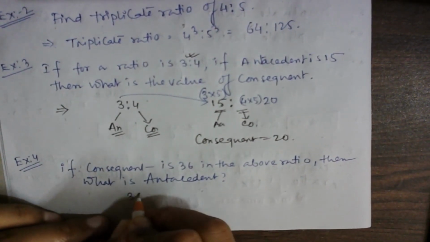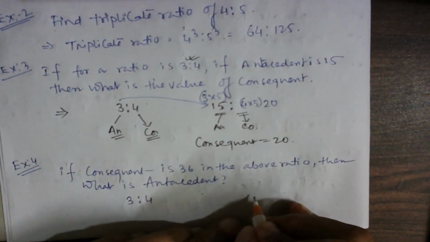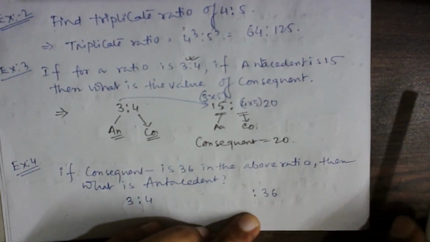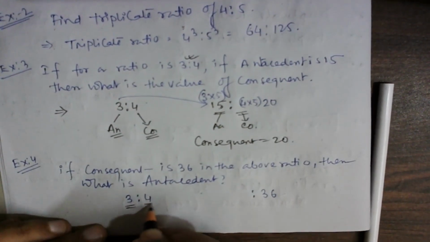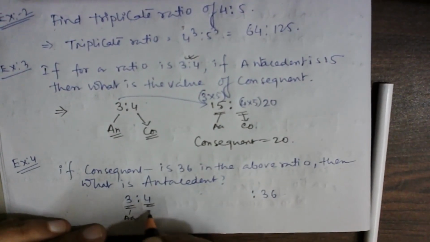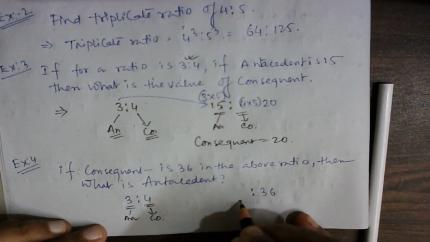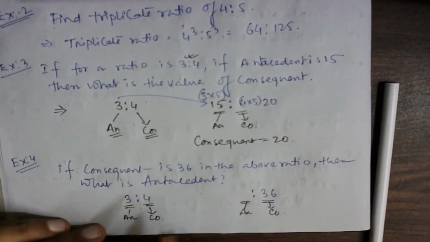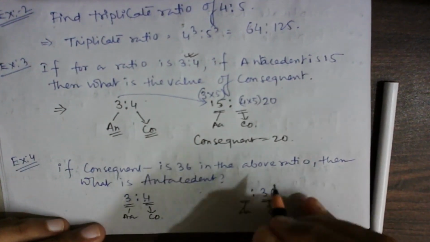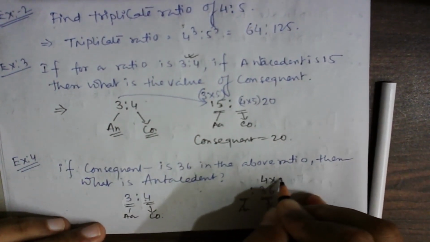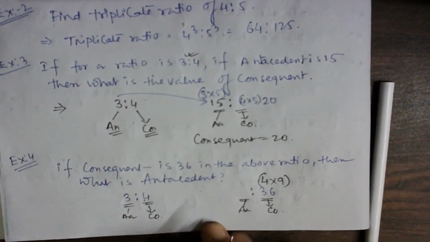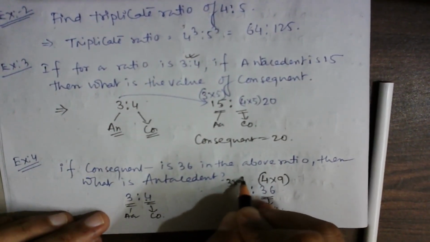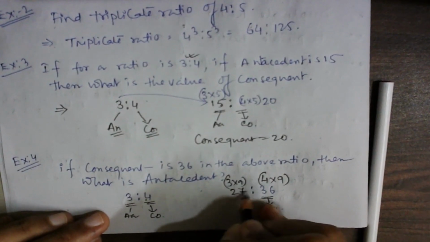Let's make it 3:4, and we know that the consequent is 36. See, if 4 becomes 36, 4 has been multiplied with which common ratio? 9. So definitely 3 should be multiplied with 9. So your antecedent becomes 27.